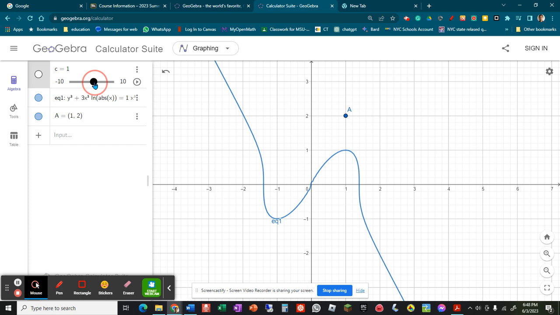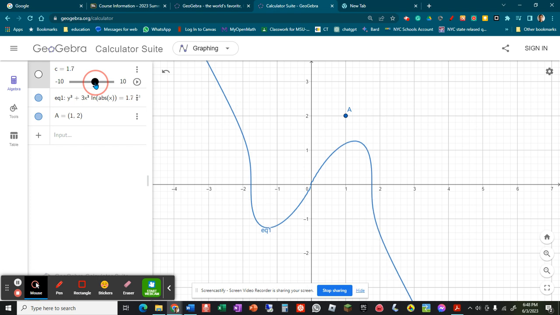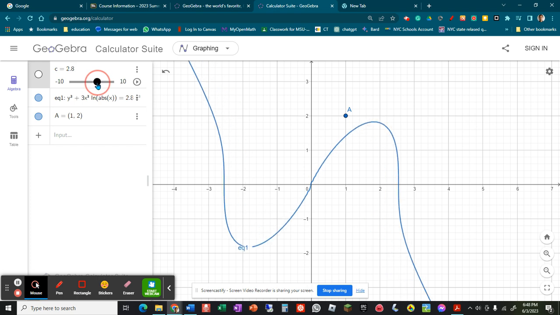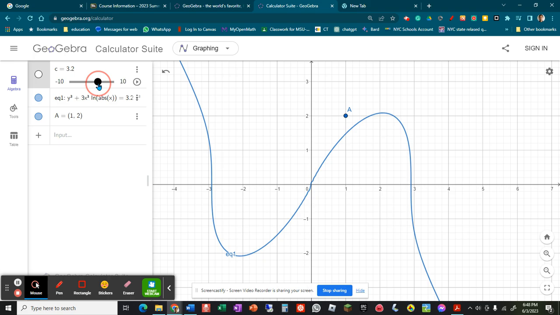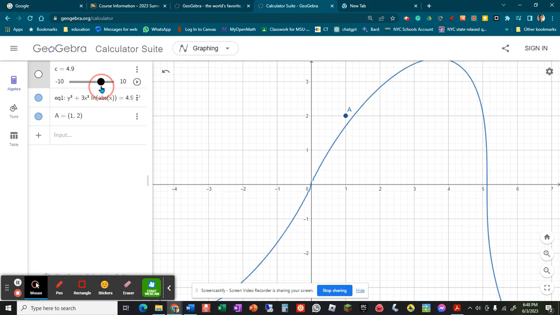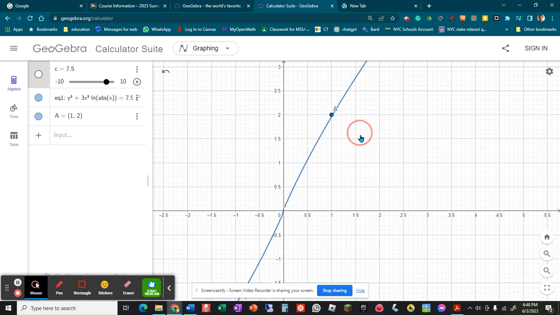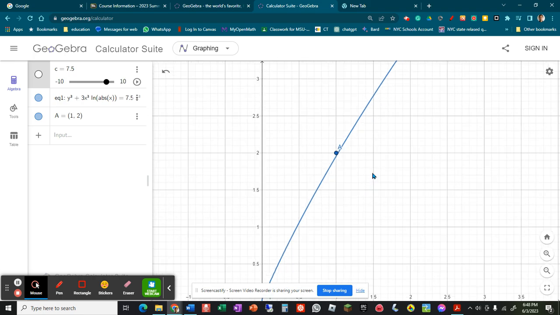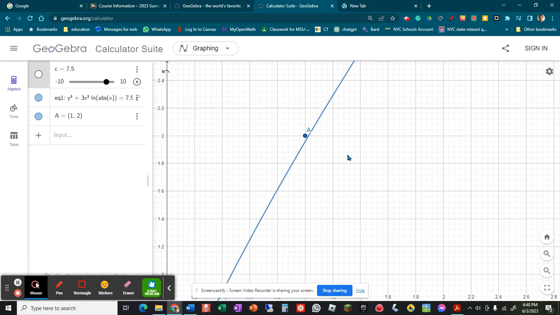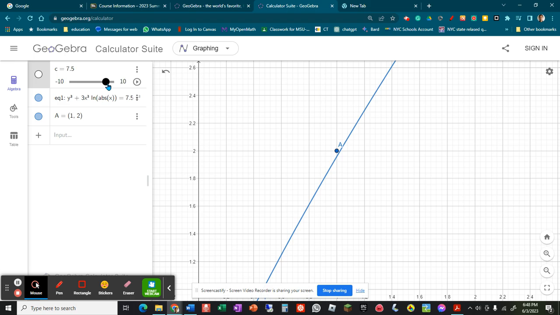But let's check it. As I increase C, you can see the graph is getting close to A. Very close, actually. Right there, 7.5, but it's not exactly on the point. You can see if I zoom in, it's not quite there. There is some gap. So let's increase it.